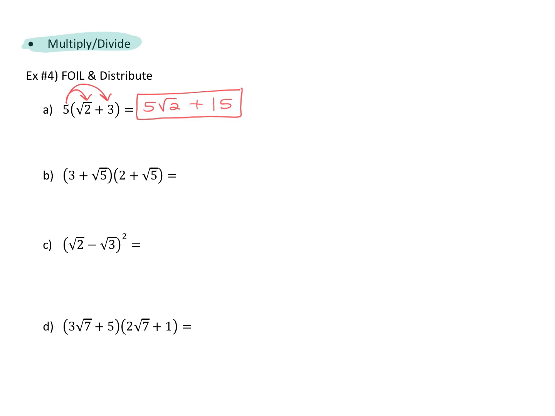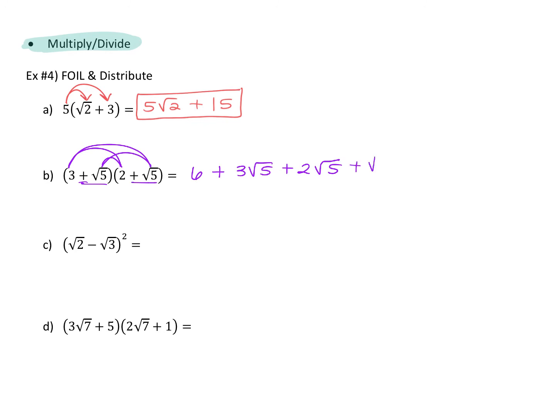Letter B, now it's a binomial times a binomial, and when you have that, you're going to FOIL. So what we do here is we take the first, 3 times 2 is 6, the outside, 3 times rad 5, so that's plus 3 rad 5. The inside, that's 2 rad 5, and that's plus, both of those are positive. So plus 2 rad 5, and then last is a positive rad 5 times a positive rad 5.